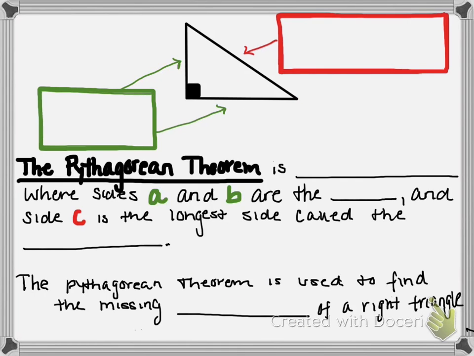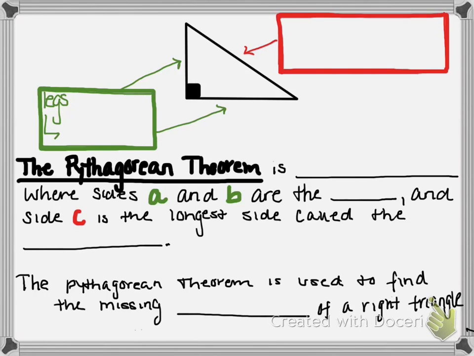Okay? To continue with the vocabulary, in a right triangle, all of your sides have special names. So we're going to talk about what those names are. The green box points to two of the sides, and these sides are called the legs of my triangle. So these are called your legs, kind of what your triangle is standing on.